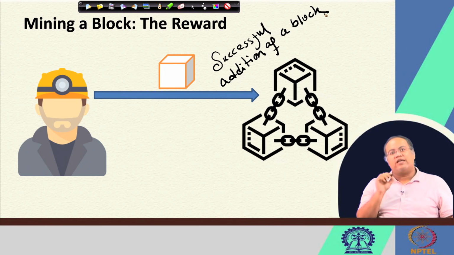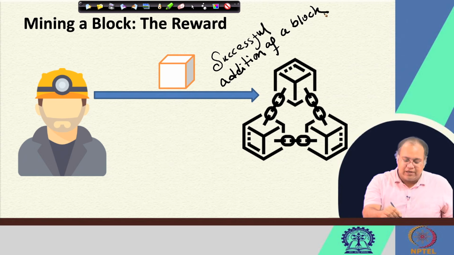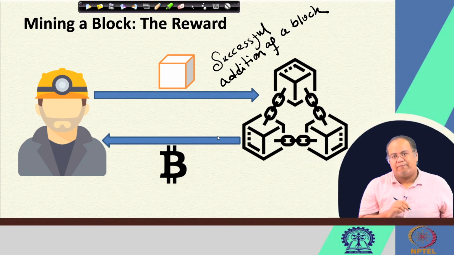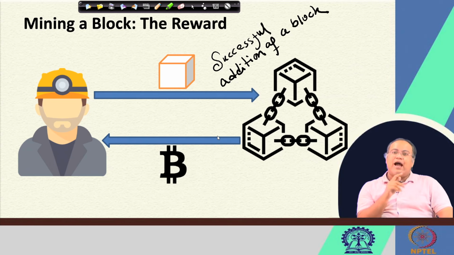So, whenever you are successfully adding a block in the blockchain, then in return you are going to get certain Bitcoin. Okay? This is interesting, and this is the kind of incentive for the miner which will actually attract the miners or attract people to participate as a miner and try to generate new block for the blockchain.